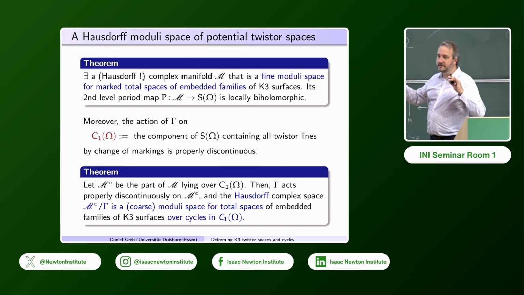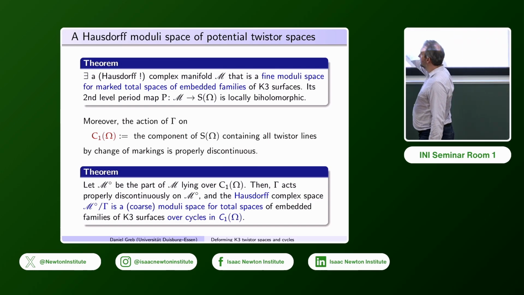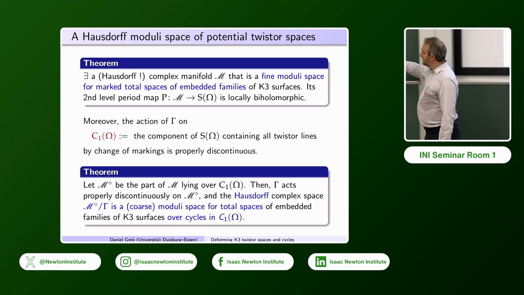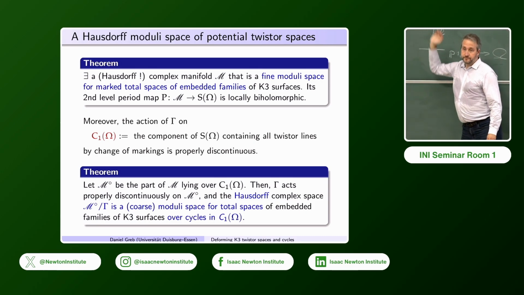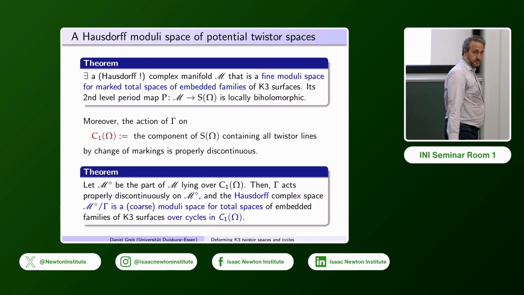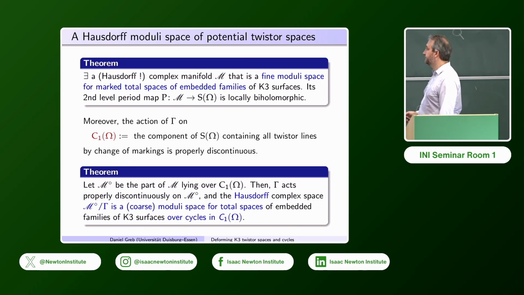Coarse moduli space means there is no universal family, but every point corresponds to one biholomorphism class of such a thing. I would call these maybe potential twistor spaces, because I'm just considering one part of the data.